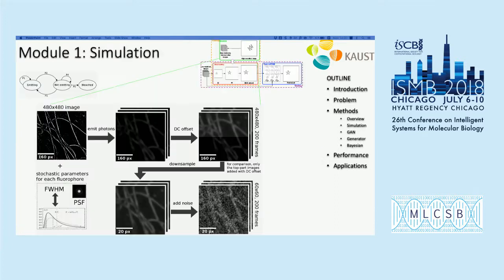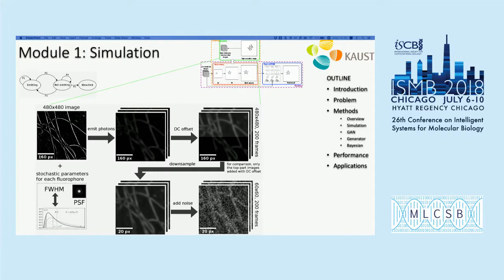Okay. The first module is the simulation module. So in principle, we use mathematical models and experimentally calibrated parameters to build a simulator which can obtain the low resolution images given the high resolution images.